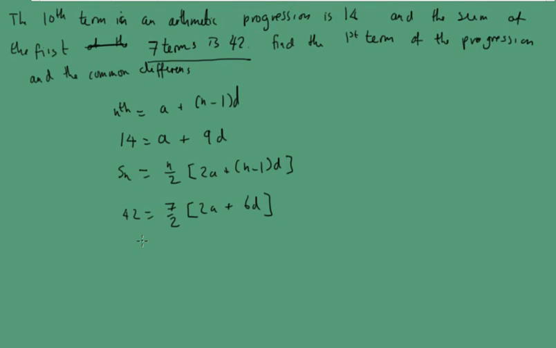So that's going to give us 6a plus 3d if we simplify all that down.